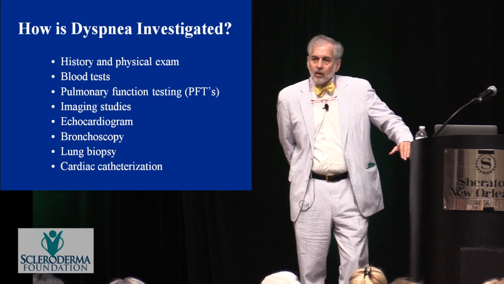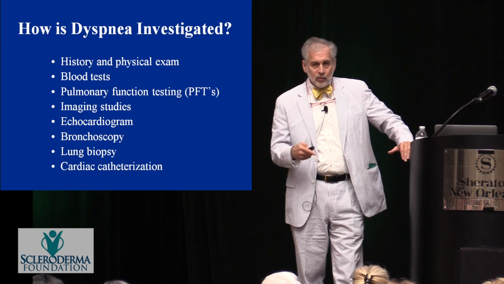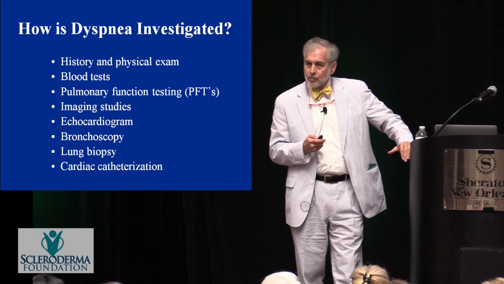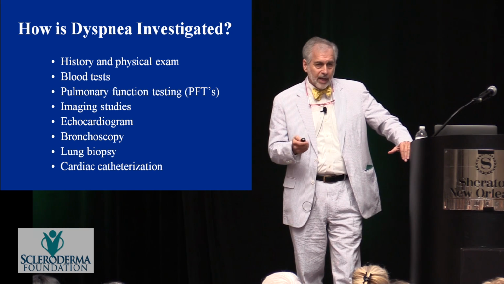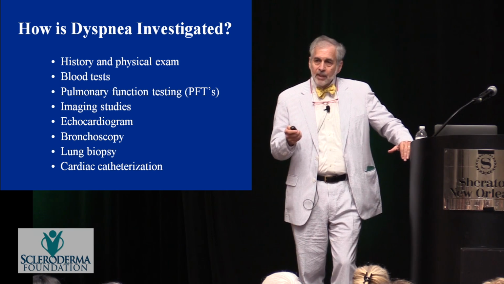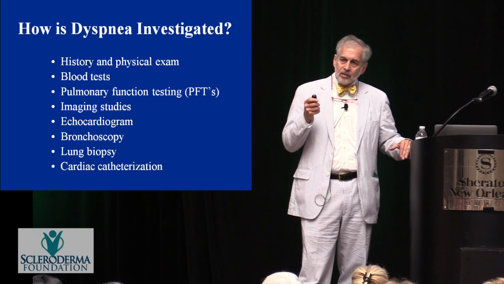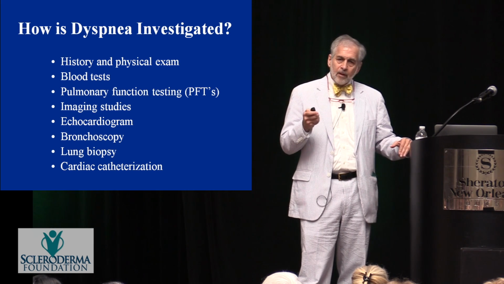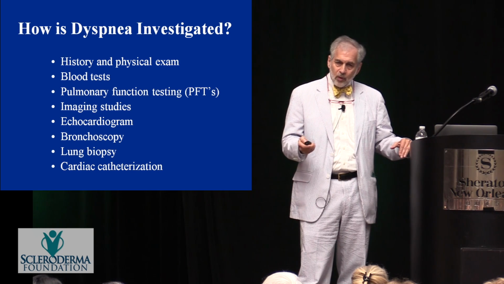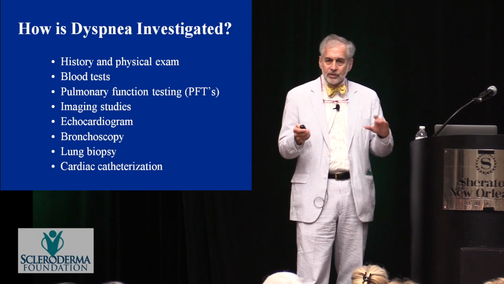So we have all of these potential confounders or causes of shortness of breath in our patients. How do we figure it out? How do we sort it out? And this really requires not just a rheumatologist and internist, but it may require a radiologist, a gastroenterologist, pulmonologist, a cardiologist, a real team of people.